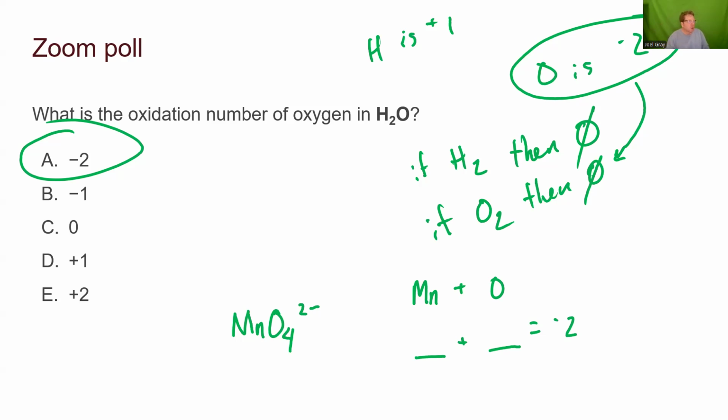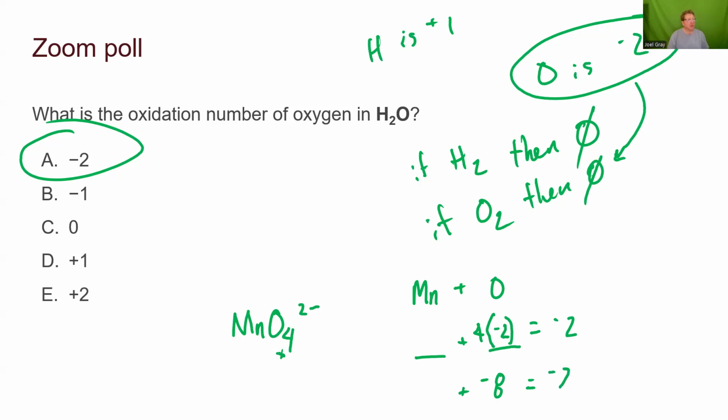Okay, so it's -2, but then we've got to see how many are there. There's 4 of them. So we're going to say -2, throw that in parentheses, and multiply it by 4. Each oxygen brings in a -2 charge, so with 4 oxygens, that gives us -8.